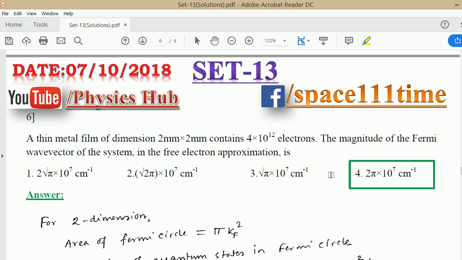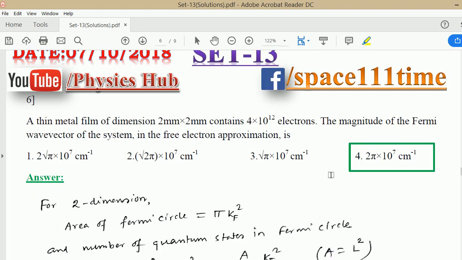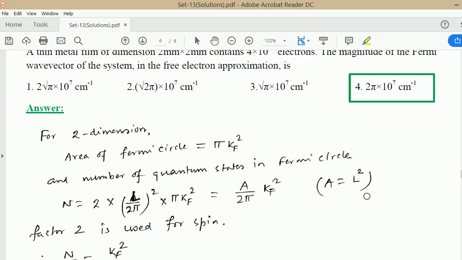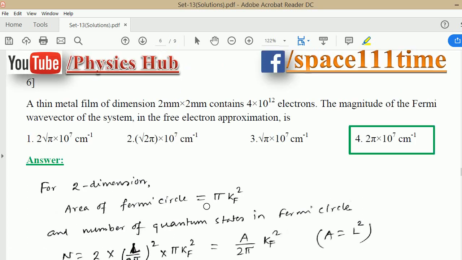Question number 6. A thin metal film of dimension 2 mm by 2 mm contains 4 into 10 to the power 12 electrons. The magnitude of the Fermi wavevector of the system in the free electron approximation is. Now for 2 dimensions, the area of the Fermi circle is pi into kf square, where kf is the Fermi wavevector, and the number of quantum states in the Fermi circle is N equals 2 into (L by 2 pi) square into pi kf square.